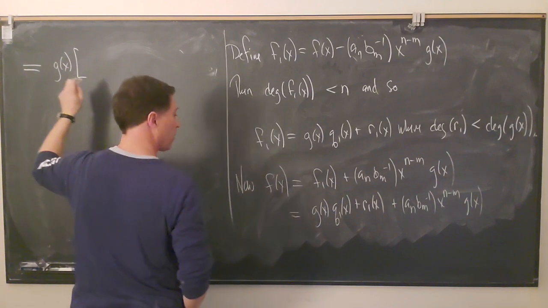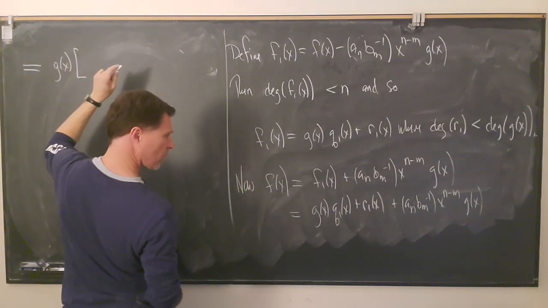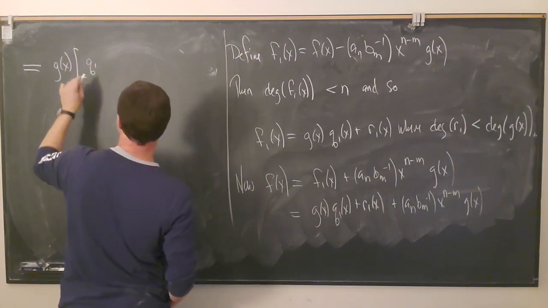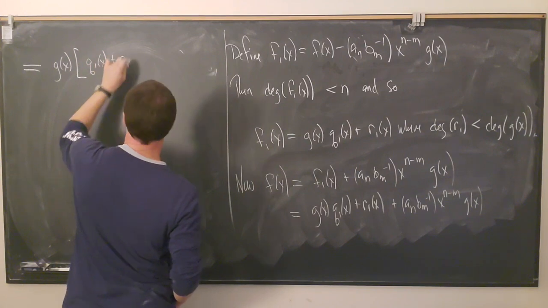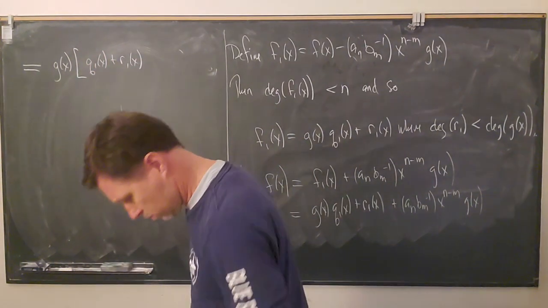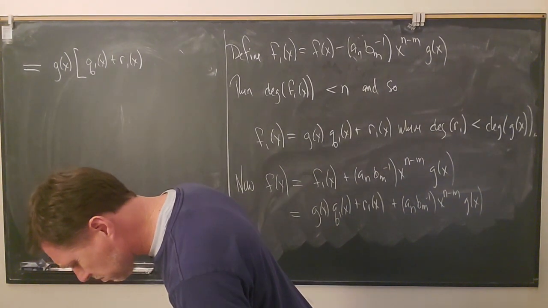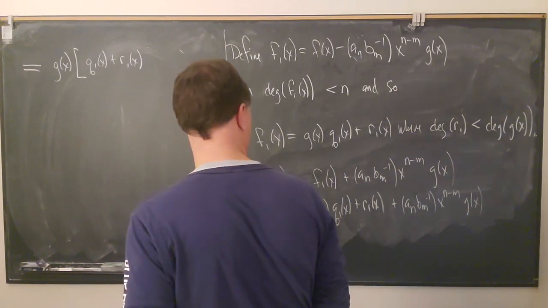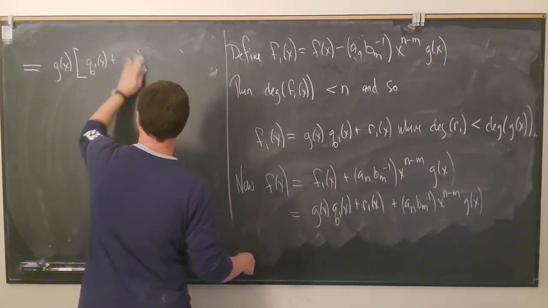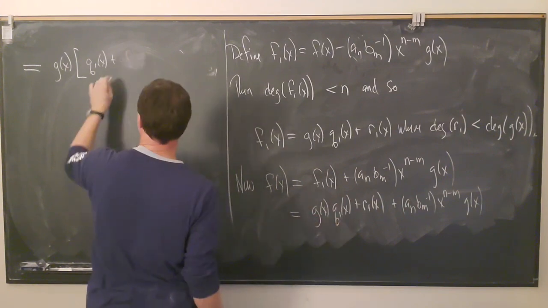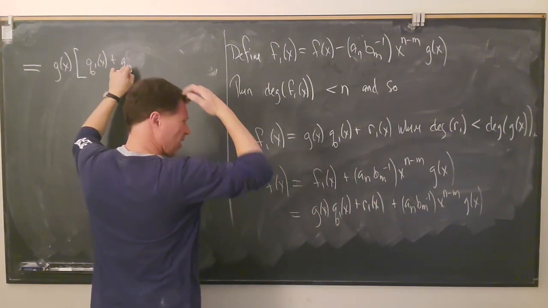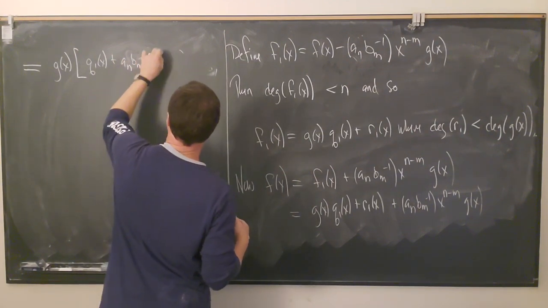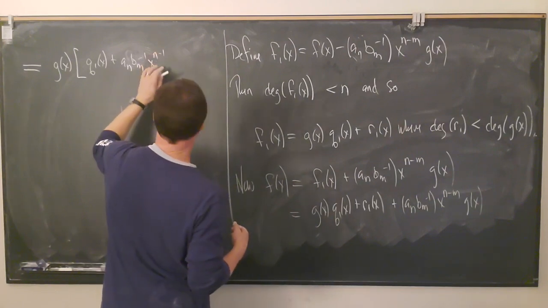And then we're going to have q1 of x, plus a_n b_m inverse x to the n minus m.